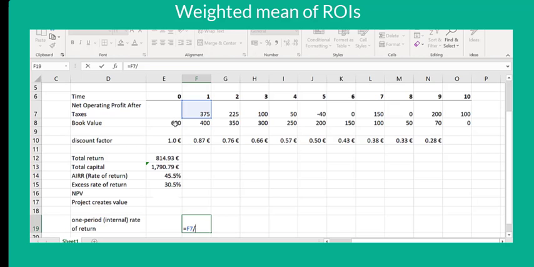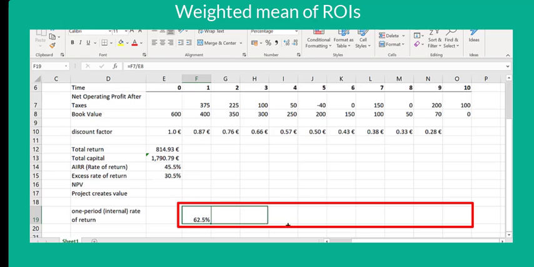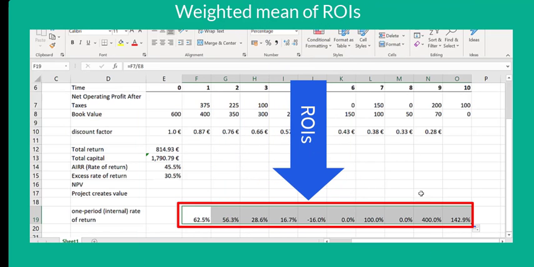At the beginning of the first period, 600 euros have been invested or are to be invested, and the result is 62.5%. This is the first period rate of return for this project. Then we copy this formula and we get all the one period internal rates of return of this project.